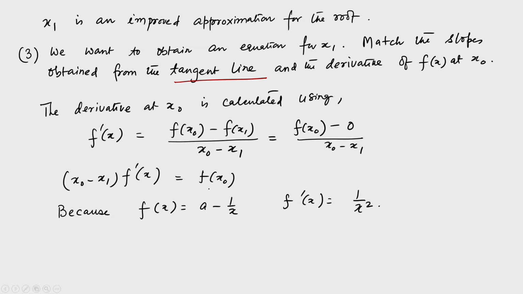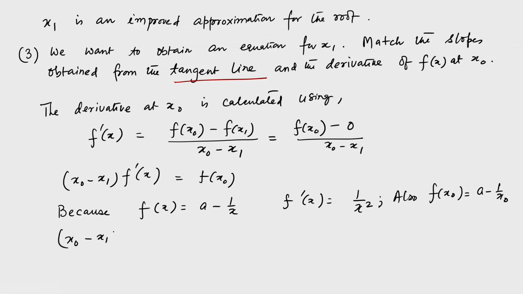And what is my f of x 0 also? f of x 0 is equal to a minus 1 over x 0. So, these are the two things that are there. So, I am just going to put them.